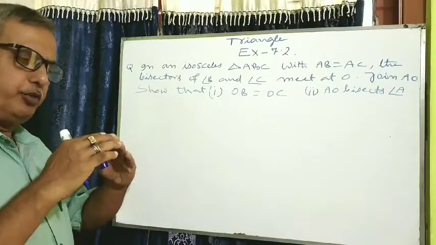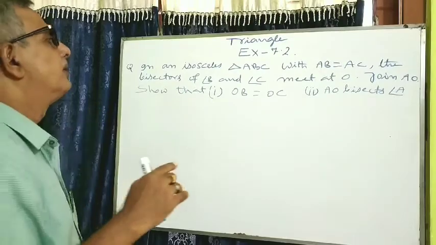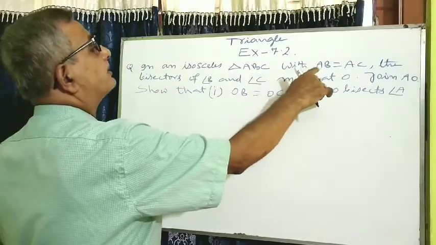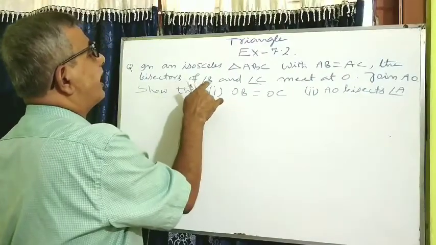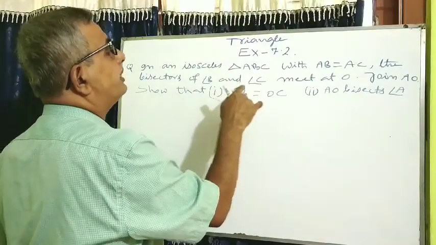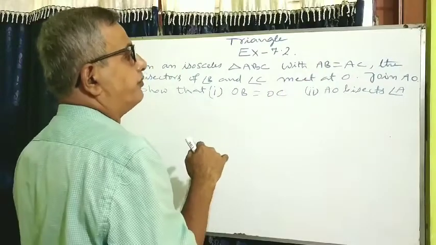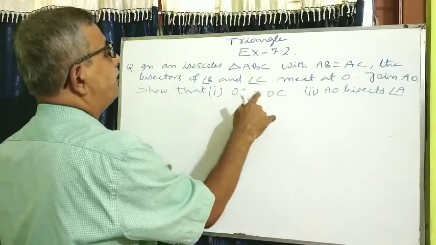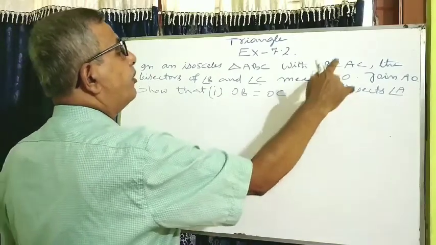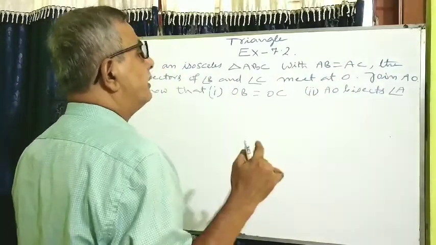The triangle which has two sides equal. Here you see, with the sides AB is equal to AC. The bisectors of angle B and angle C meet at O. Join AO so that OB is equal to OC, AO bisects angle A.